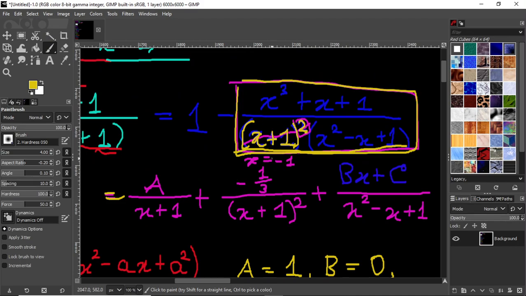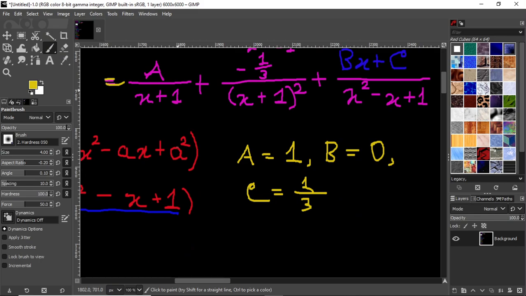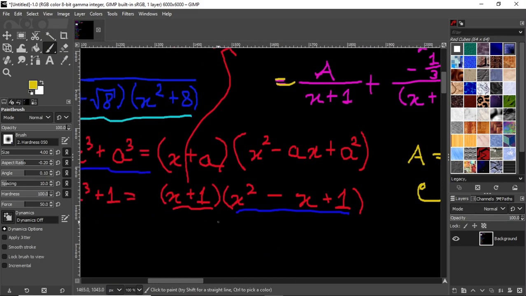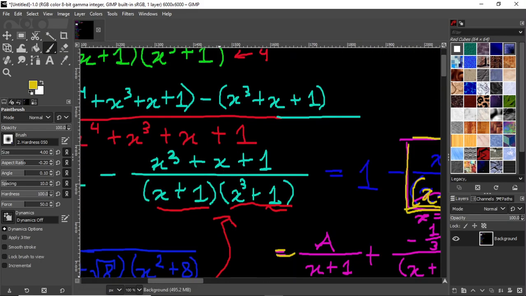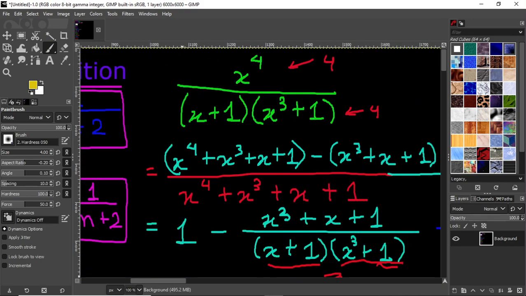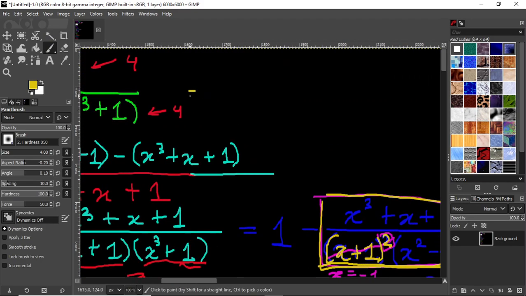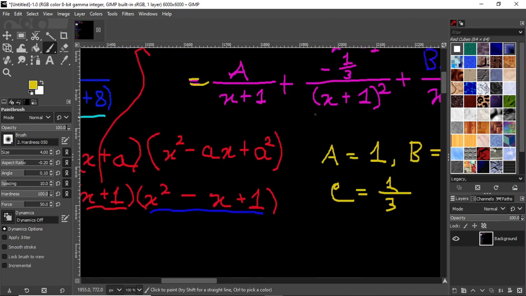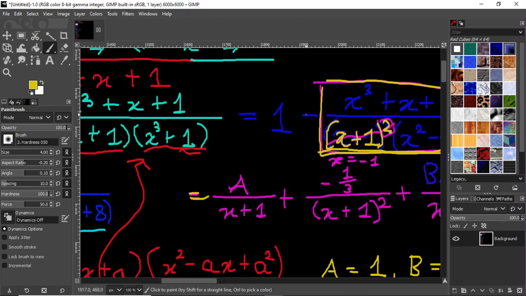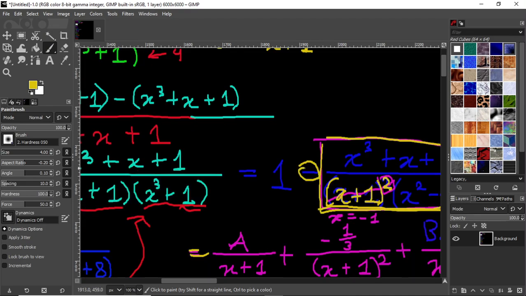So substituting these values in here, what we get is our original fraction, which becomes 1 minus 1 over x plus 1. This is just a word of caution, a mistake I often make: after substituting all these values, please don't forget that you have a negative sign here.